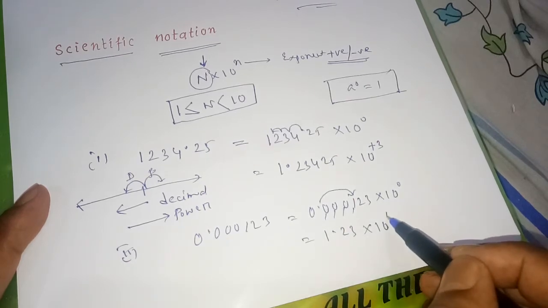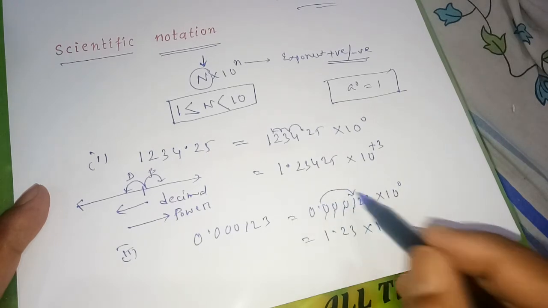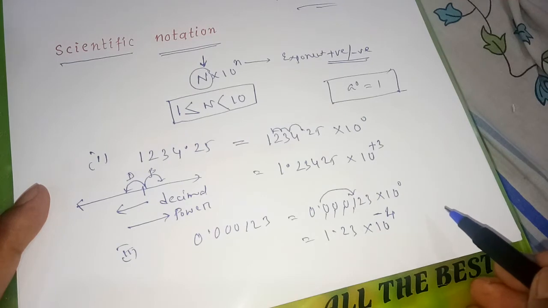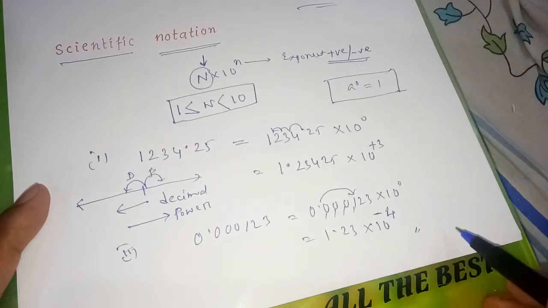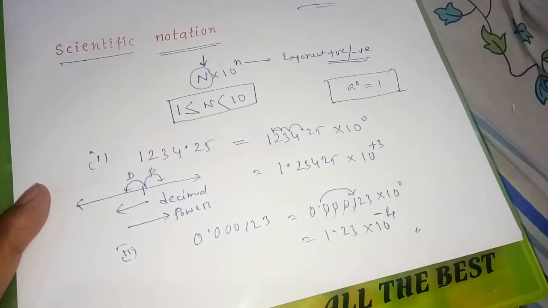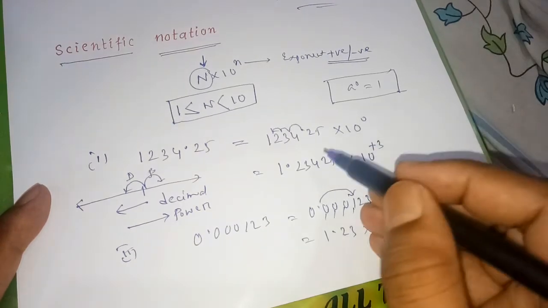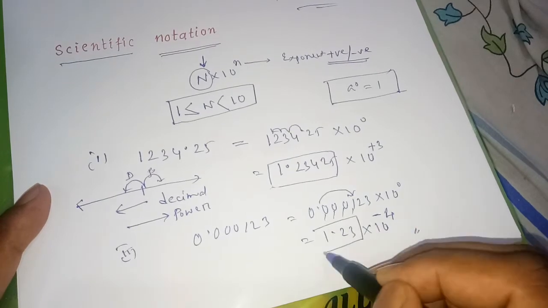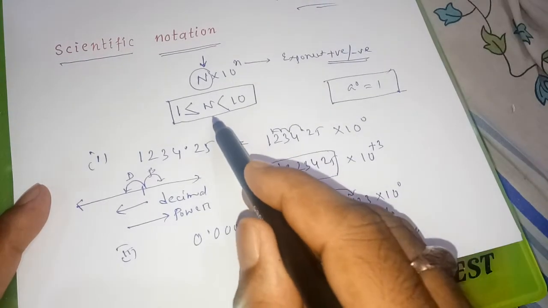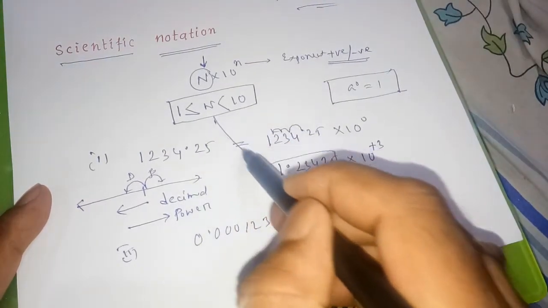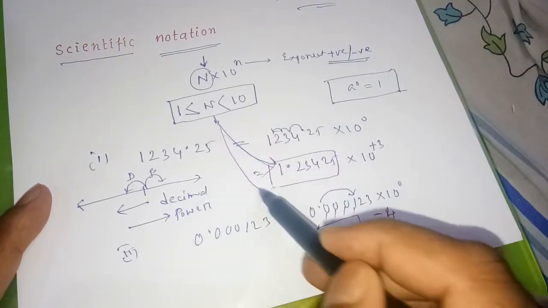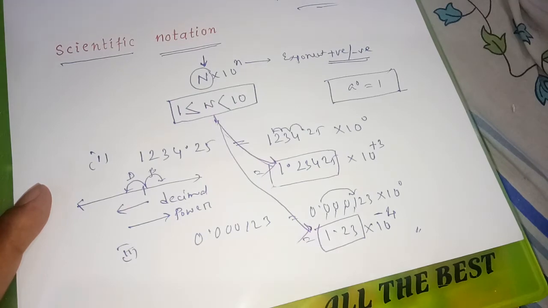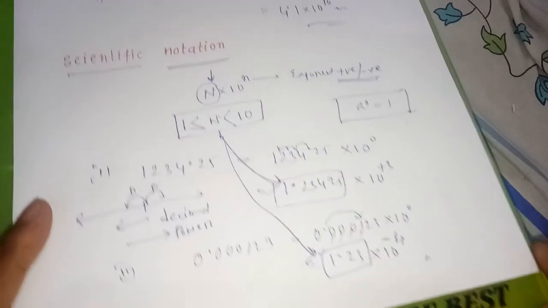So that is 10 to the power, it is decimal moving towards right, so this one moves towards left, minus 4. So this is how. And why, student, what is the requirement? We are writing this one in this format because your value of n must be in between 1 to 10. So this is why we have written in this format.